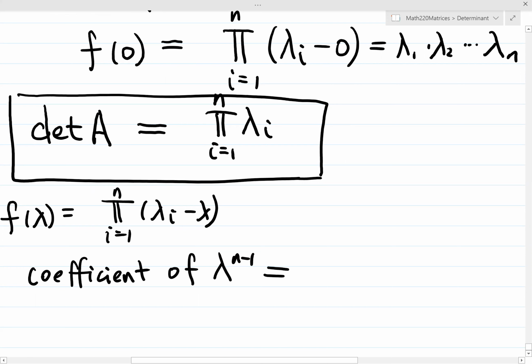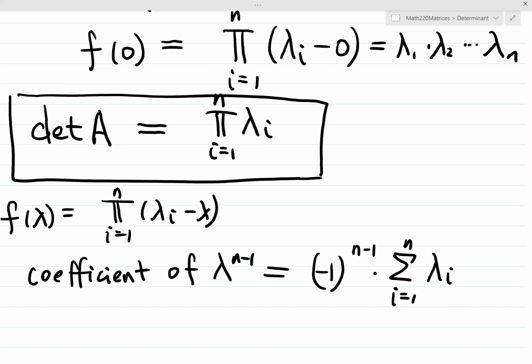You choose n minus 1 factors of negative lambda, and for the other one you choose lambda i from one of the n choices. So you finally get (-1) to the power n minus 1 times the sum of lambda i, from 1 to n. You have n choices. Each choice gives a contribution lambda i times (-1) to the power n minus 1. Summing all these contributions together gives us the coefficient of lambda to the power n minus 1.